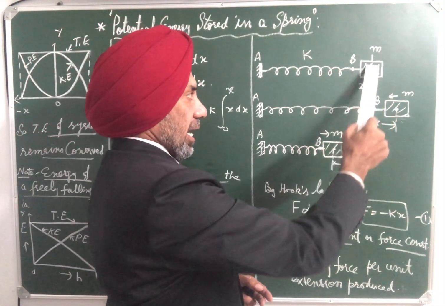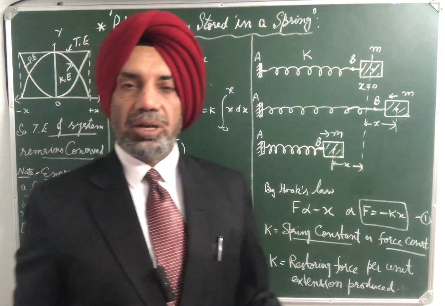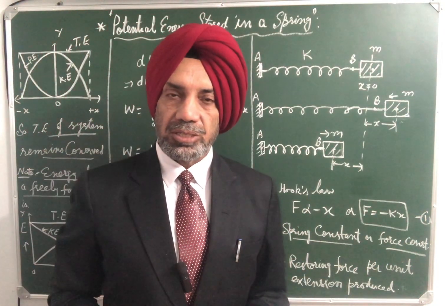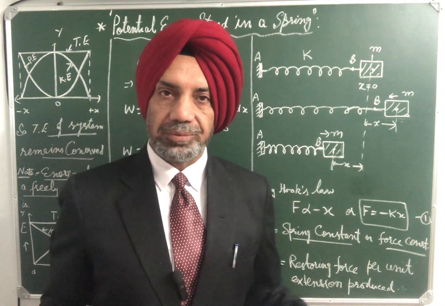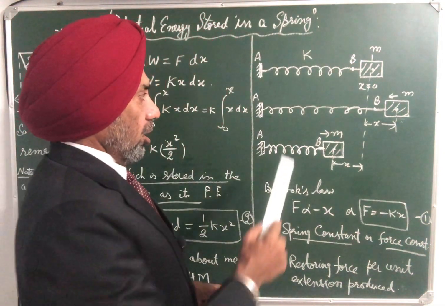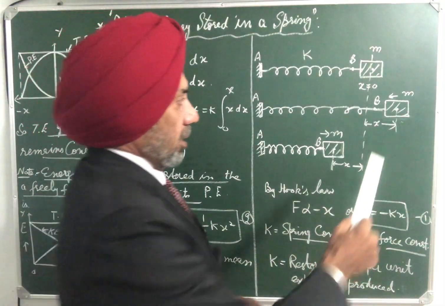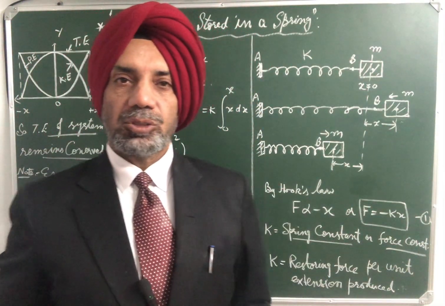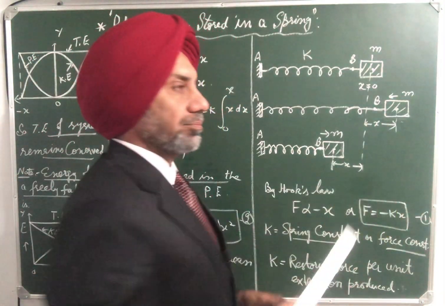And suppose x equal to 0 is the equilibrium position of the mass and spring, when there is no stretching or compression. Now suppose this mass M is pulled towards right through a certain displacement x.